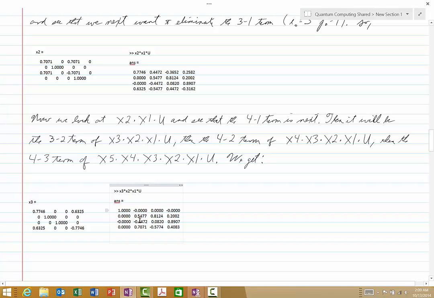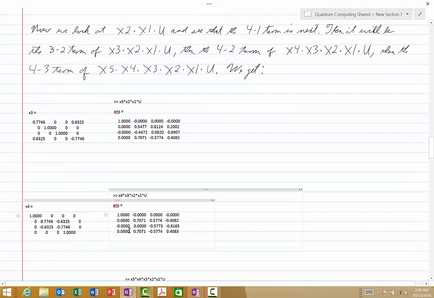And so now we'll go to the next number below the main diagonal, which is this minus 0.4472 in the third row and second column. And so this will be our x4, and notice that now that term goes to 0. Now we'll try to get rid of this number, the 0.7071.